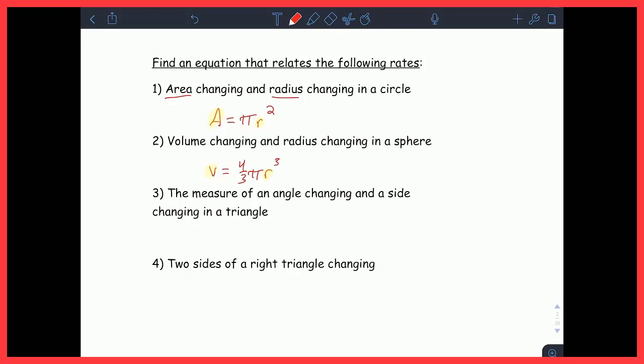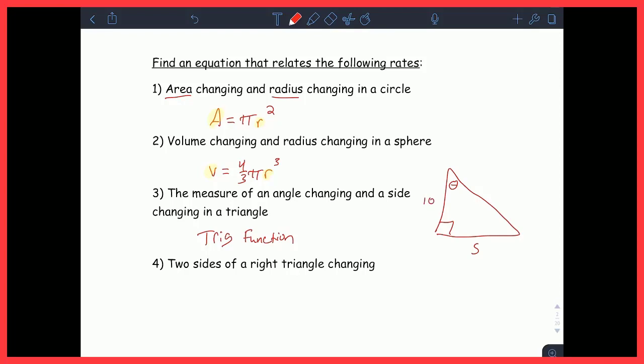Number three is a little less obvious, but not too bad. It says the measure of an angle is changing and the side of a triangle is changing. So in any triangle, you're looking at an angle changing and a side changing, and what you're really dealing with is some type of trig function. For example, let's suppose you have a right triangle, and this angle we'll call theta, and this side we'll call s. And you're also given the length of another side, maybe 10 or something over here.